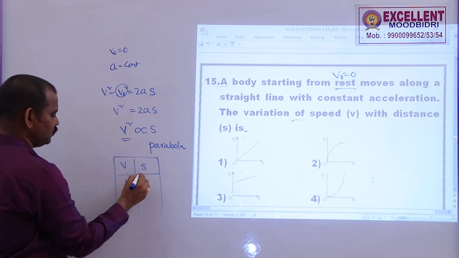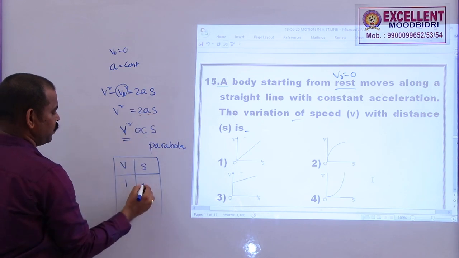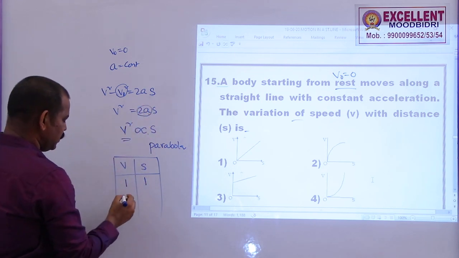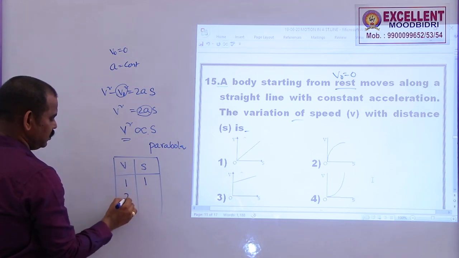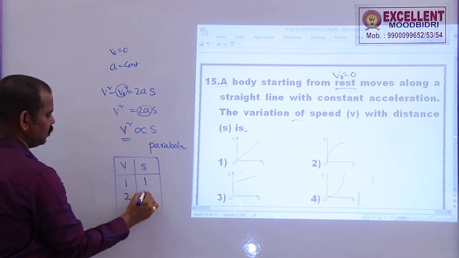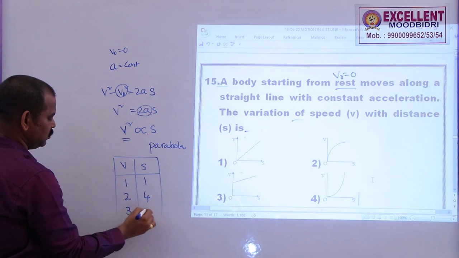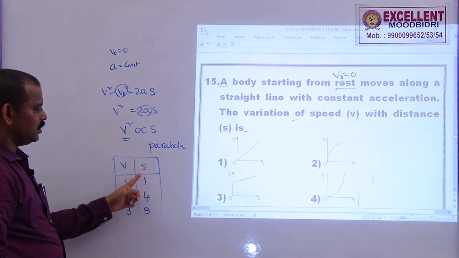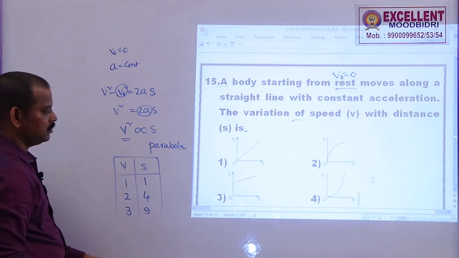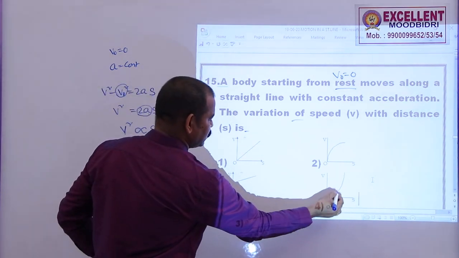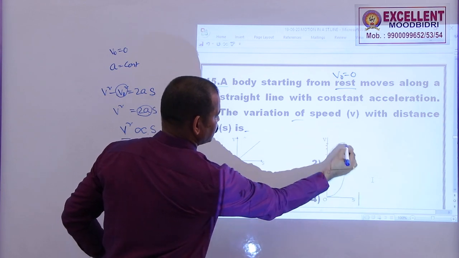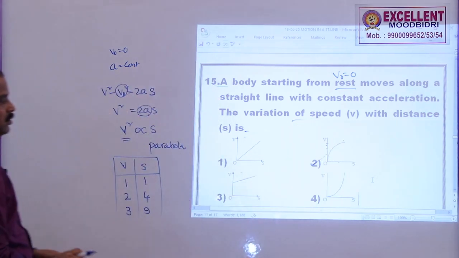If velocity is 1, displacement is 2a into 1, let us say 2a is equal to 1, so this is 1. Then velocity is 2, that is v square means 4, displacement must be 4, then 3, 9. So when the velocity is gradually increasing, displacement is increasing much more. So option 2 is correct.